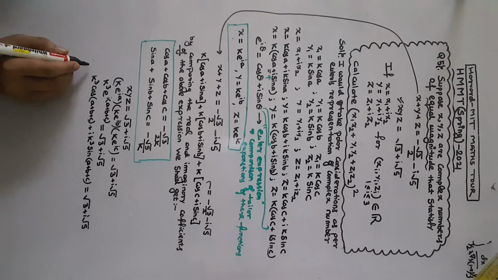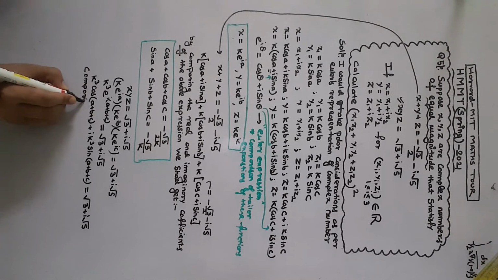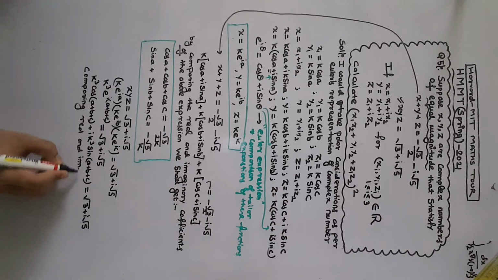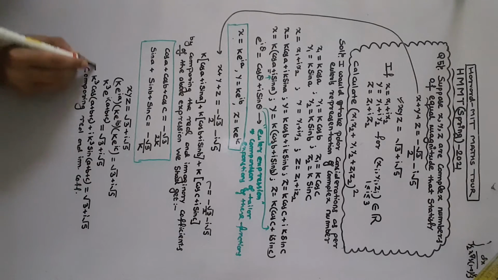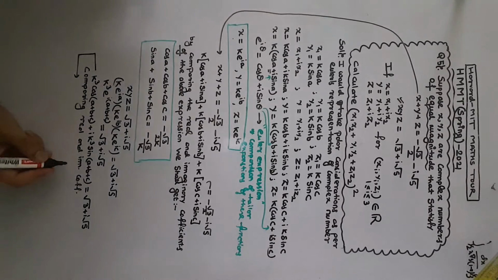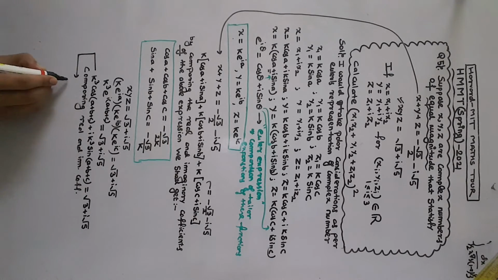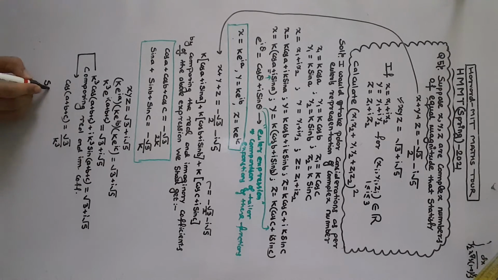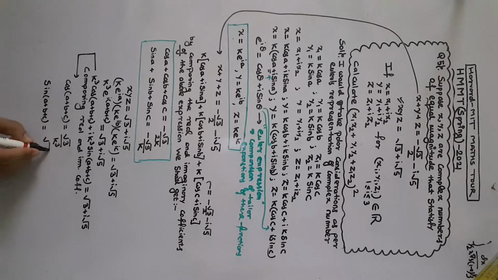Comparing the real and imaginary coefficients here, we can simply get cos of a plus b plus c is equal to root 3 by k cube, and sine of a plus b plus c is equal to root 5 by k cube.